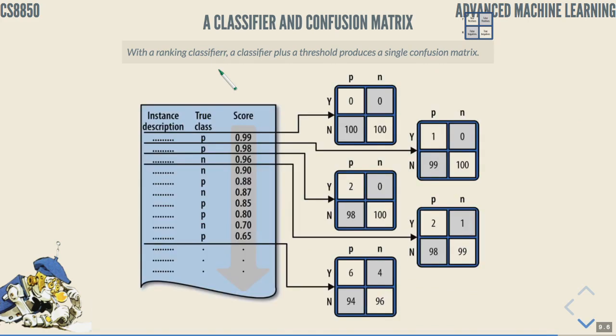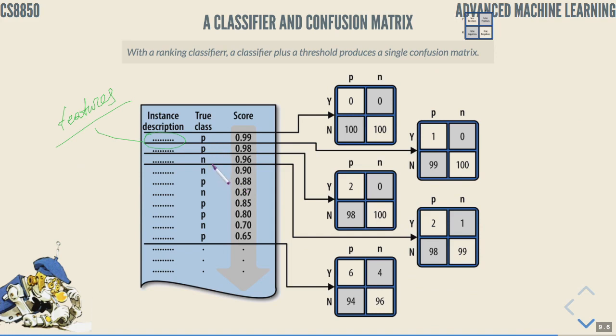So let's take all of our samples, all of those instances that we have, and those are your features, instance descriptions, right? I don't like green. Yeah, let's use purple. And each of them has a true class. We know this is our test set, right? We know this is positive and this is negative.